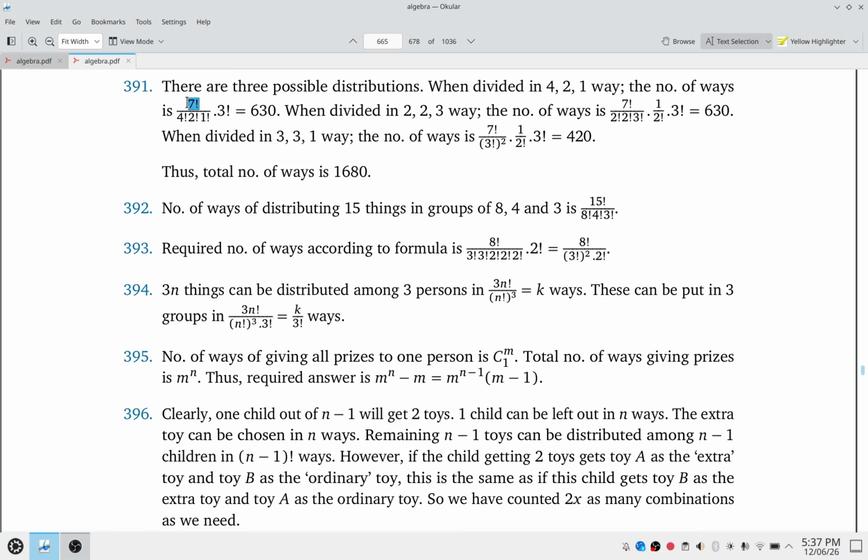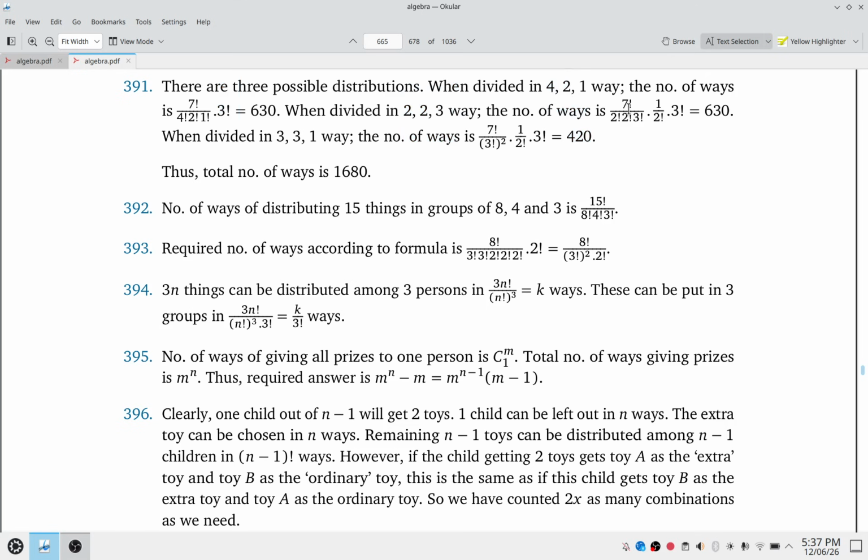7 factorial is the total number of distributions. 4 comes in the denominator as well as 2 and 1. And 3 factorial is because there are 3 possible distributions which can be arranged in 3 factorial ways. Then we have 2, 2, 3 ways.